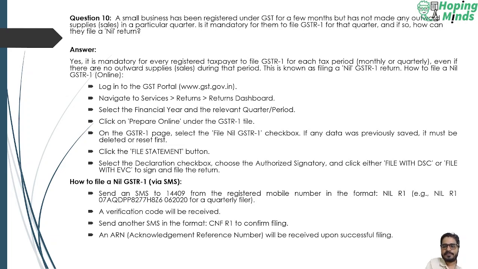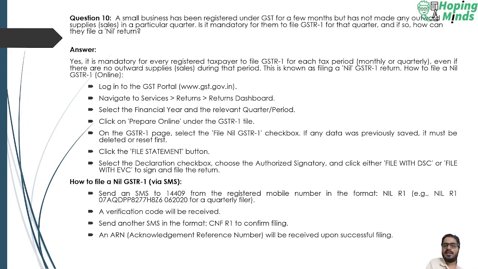For example, if there is a nil return for a quarterly filer, then we have to enter R1, then the 15-digit GSTIN, then suppose it's for the first quarter, we have to enter the quarter ended on 30th June, that is 06, and year 2025.